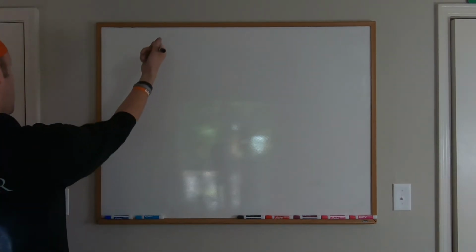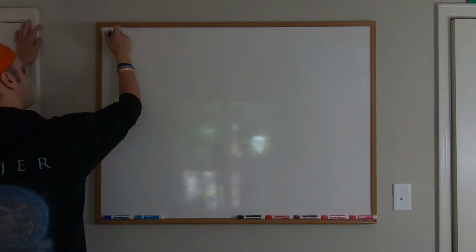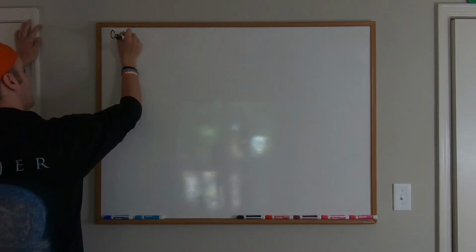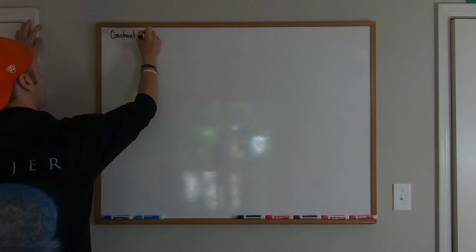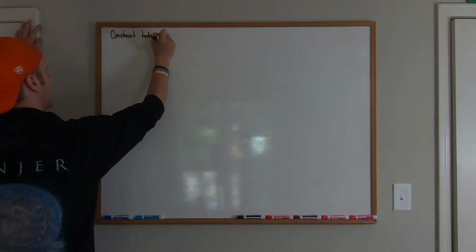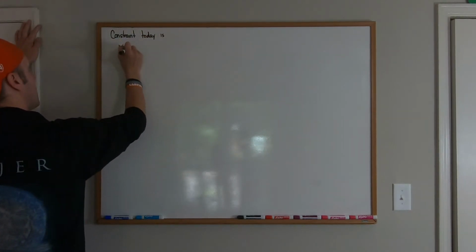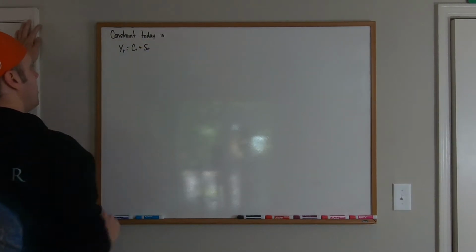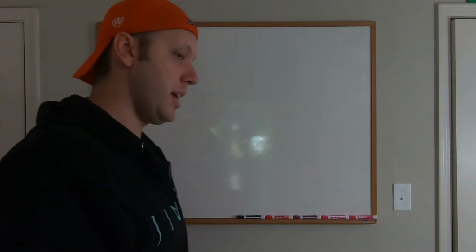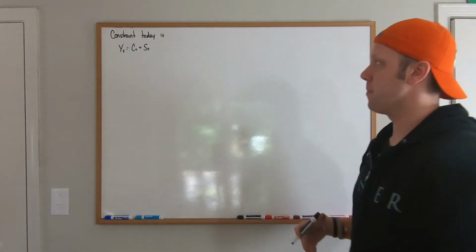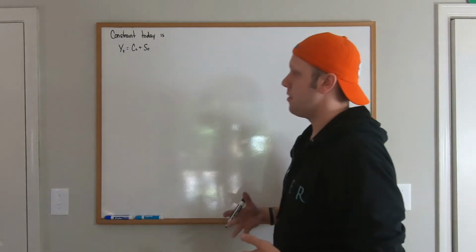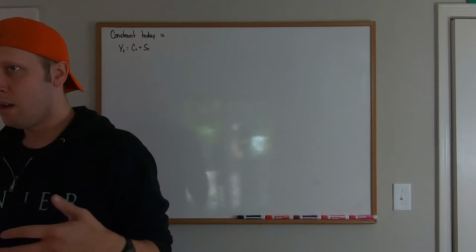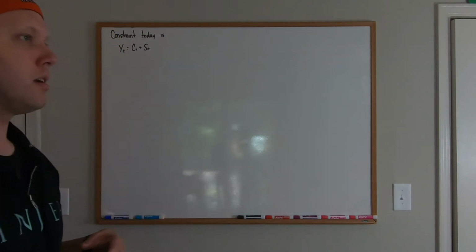I had, as I showed you before, the constraint for today is y_t equals c_t plus s_t. But that's today's constraint, right? If I'm saving, then what I don't consume today gets saved.